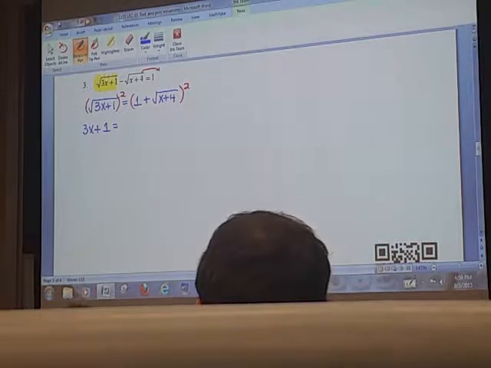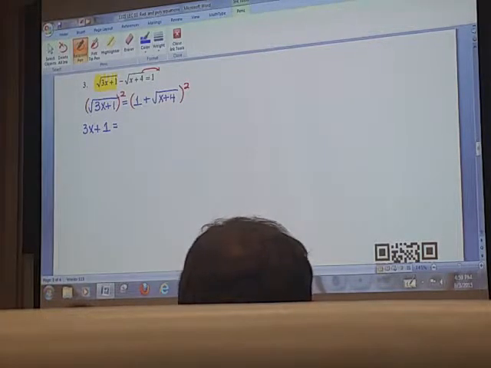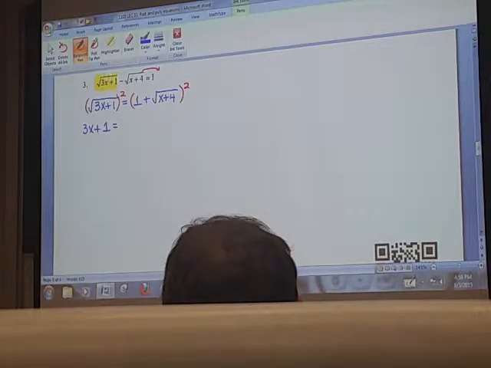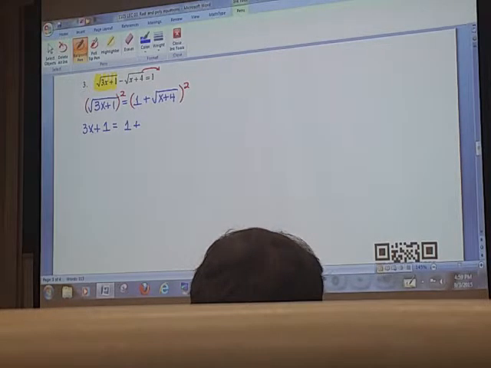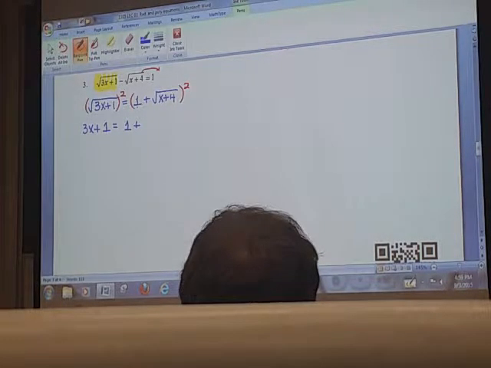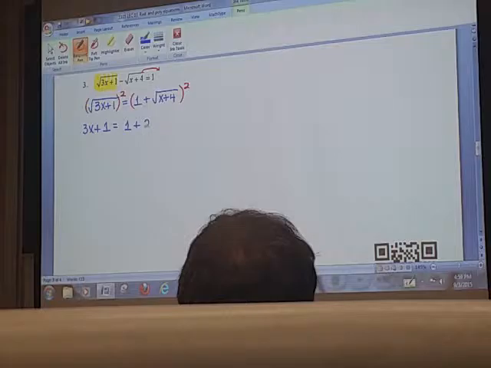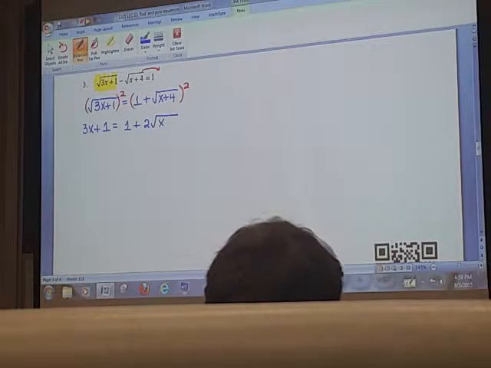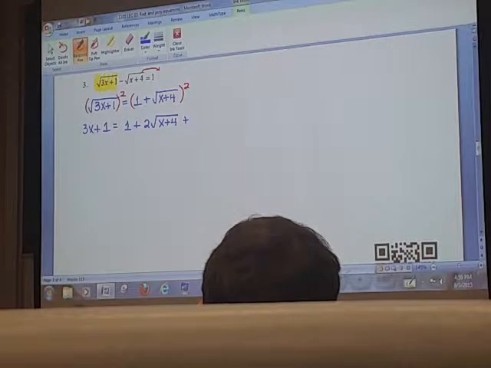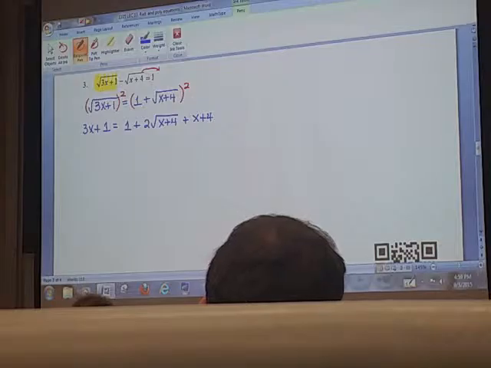So I'm going to go real slowly. 1 squared is 1. 2 times 1 times the square root of x plus 4 is 2 square root of x plus 4. The square root of x plus 4 squared is x plus 4.